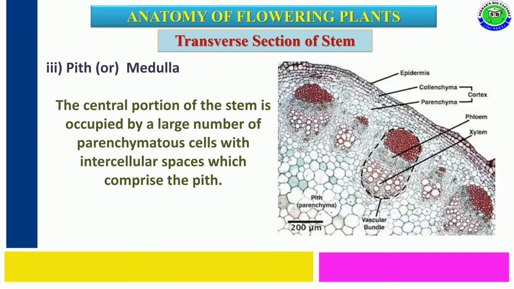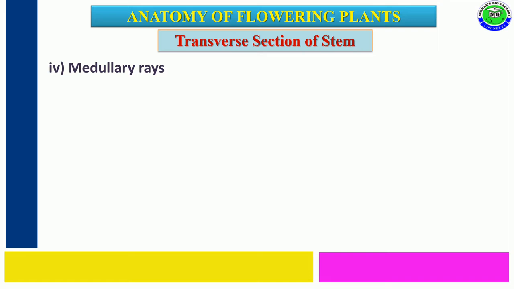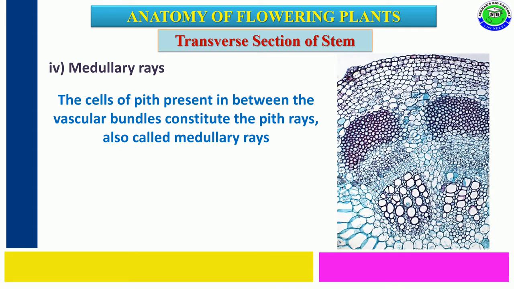In the transverse section of a dicot stem, a very large number of parenchyma cells are present with intercellular spaces at the center of the transverse section. It is called pith. The fourth part is the medullary rays. The cells of the pith are present in between two vascular bundles in the form of rays, and these are called medullary rays.